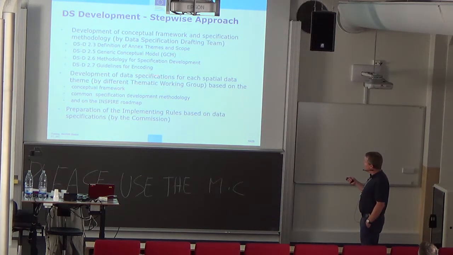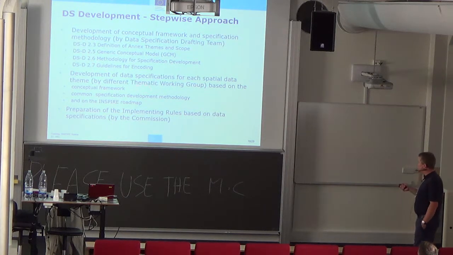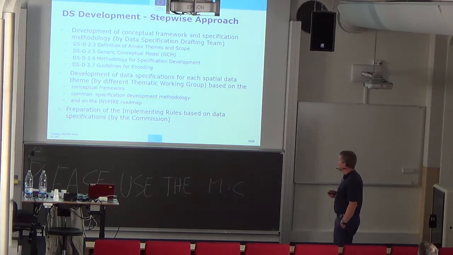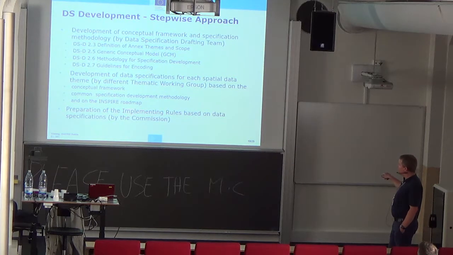As I said, thematic working groups were using these documents, and they were working based on the conceptual framework, the common specification development methodology, and, of course, according to the INSPIRE roadmap. These thematic working groups were also preparing implementing rules based on the data specifications.